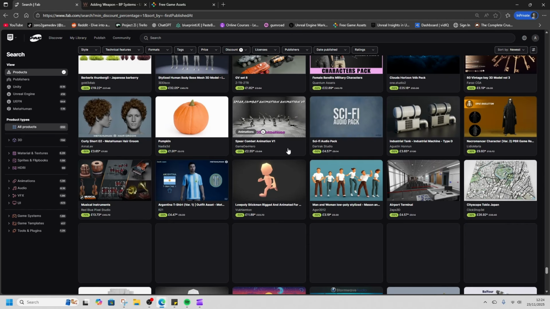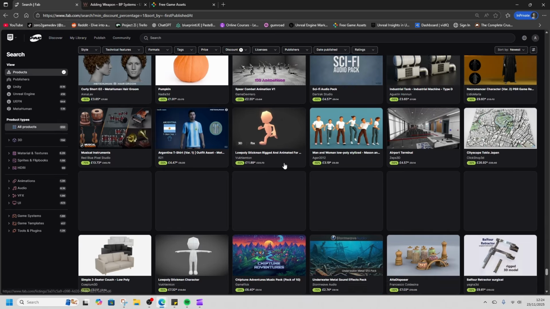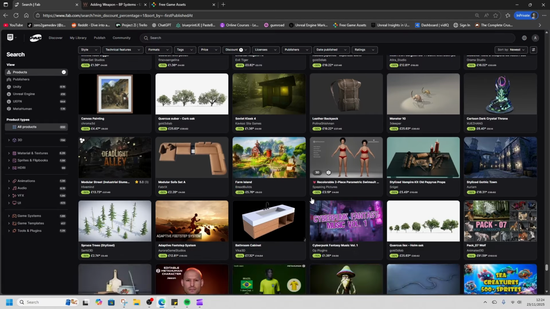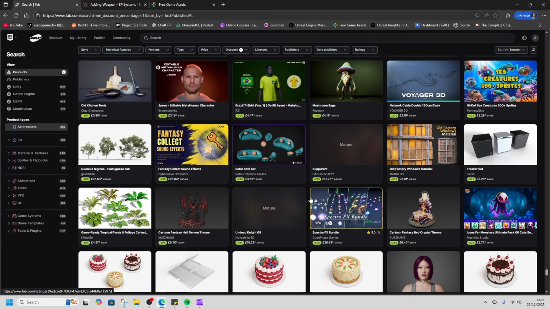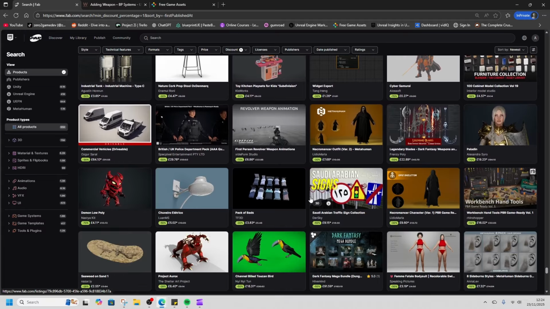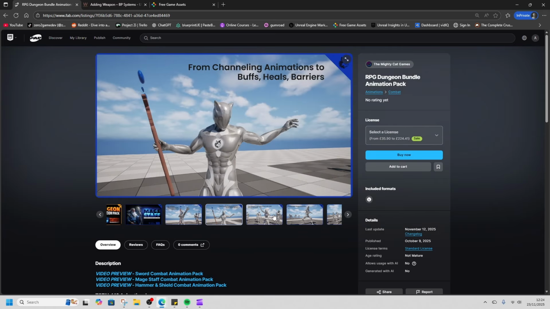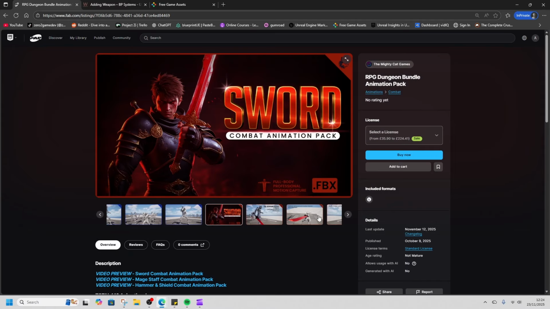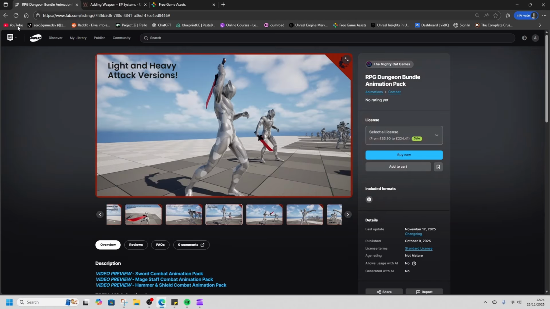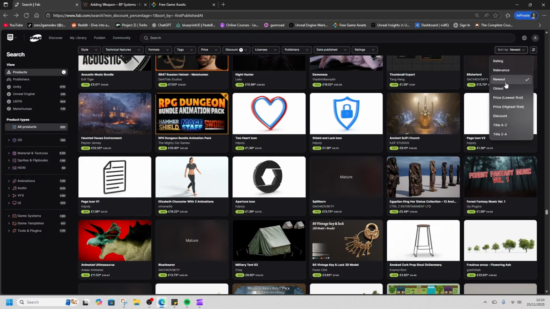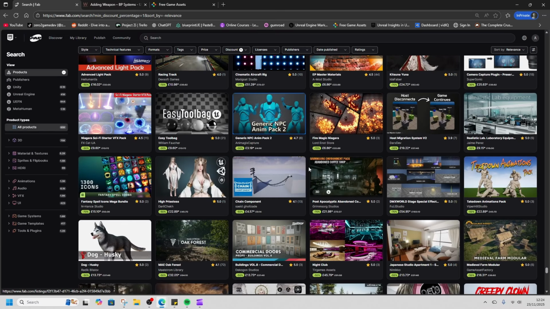So we've got spare combat animations here for like £2.55, so that's relatively cheap. And then further down there are some RPG bundles for like £35. So these are different casting animations and sword and combat. So upgrading animations is always good and should be looked at for sure.